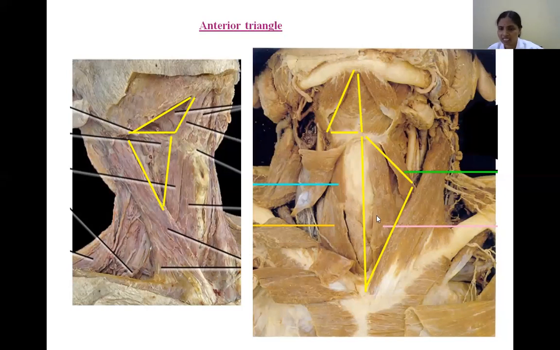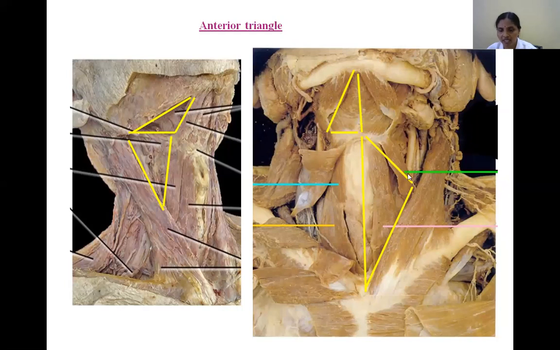And there are no important structures except the muscles. These muscles lie below the hyoid bone, so the name given to them is the infrahyoid muscles. What are these infrahyoid muscles? This is the sternohyoid muscle. Beneath that, the sternothyroid, and further continuation is the thyrohyoid, and this is the superior belly of omohyoid.